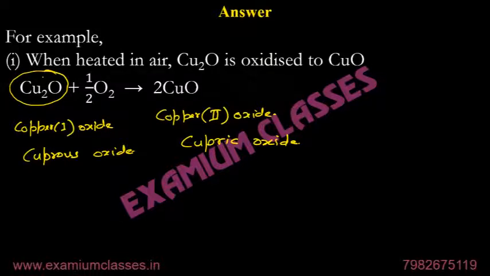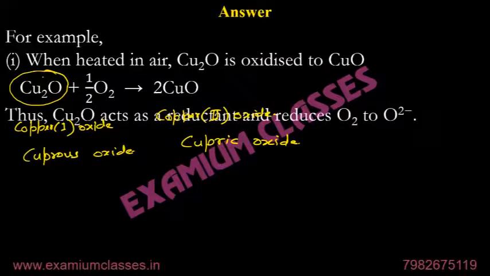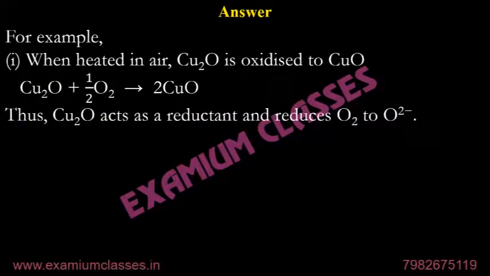So Cu2O is oxidized, means itself it will be acting as reducing agent. So Cu2O acts as reductant or reducing agent because Cu2O is getting oxidized from plus one to plus two oxidation state.